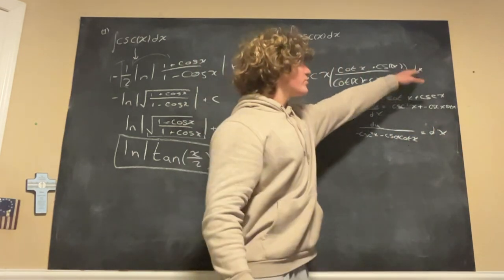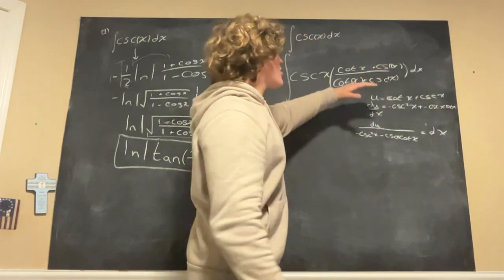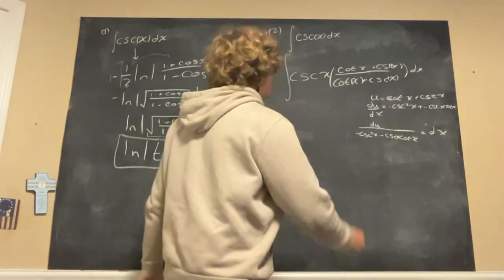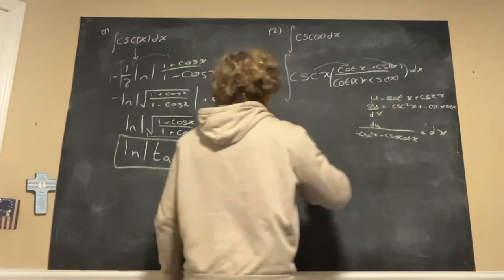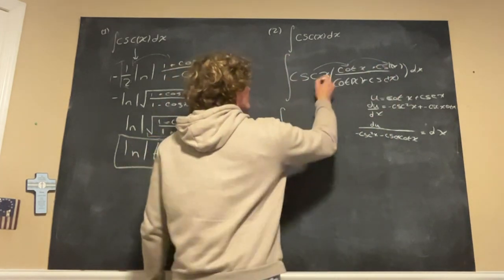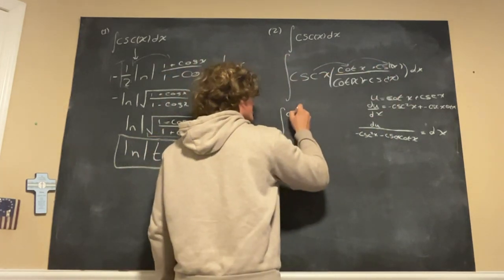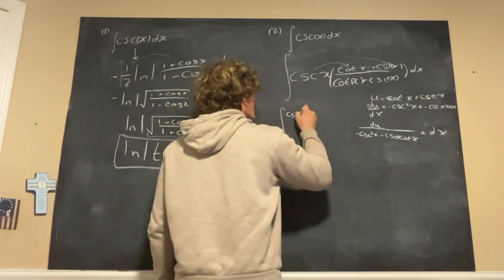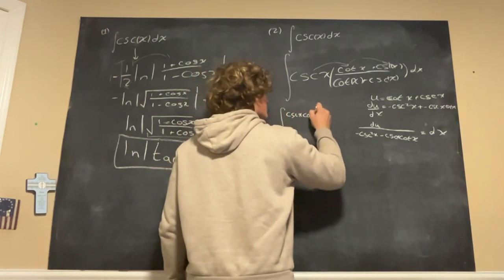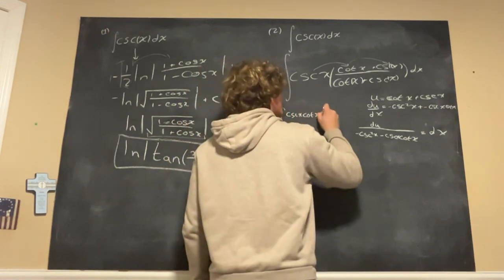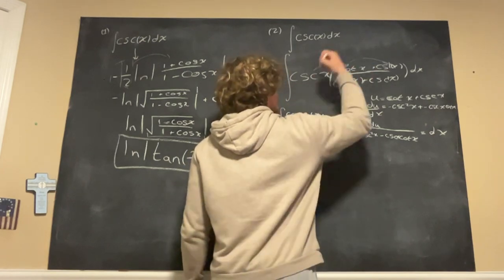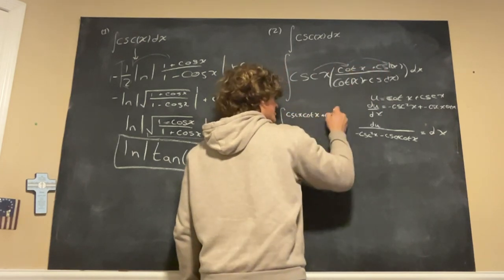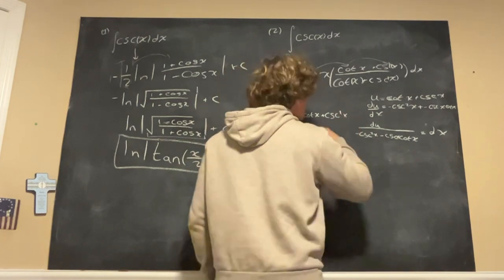So now we are going to plug that in for our dx, and we are going to plug the bottom part in for our u, and we are also going to multiply this to the top part. So this becomes the integral of cscx cotangent x plus csc x times csc x, which is just csc squared x.